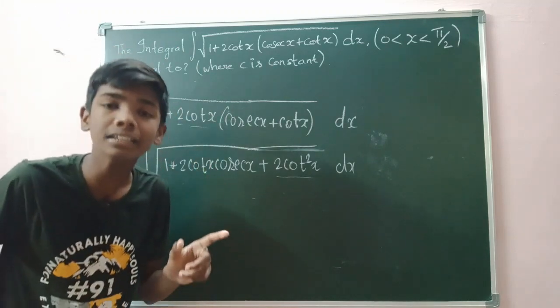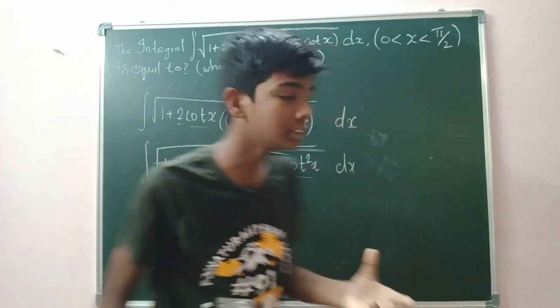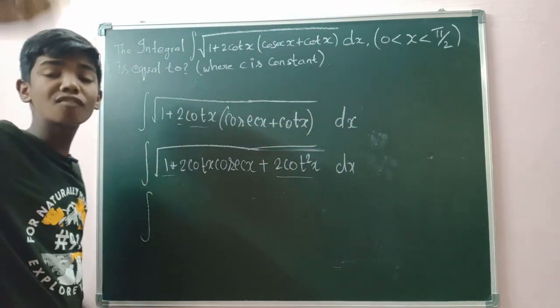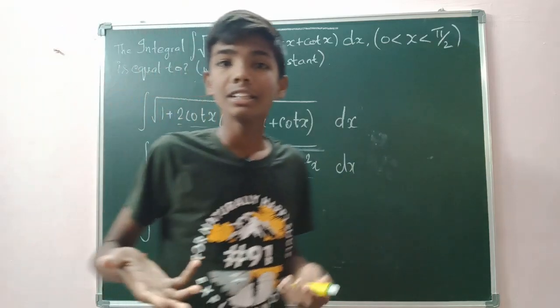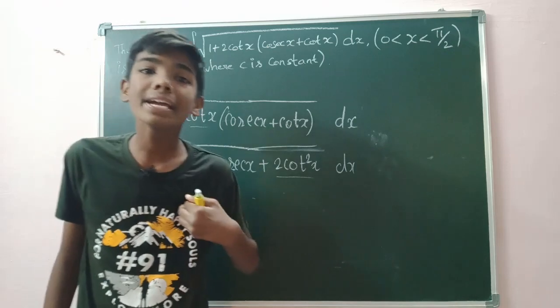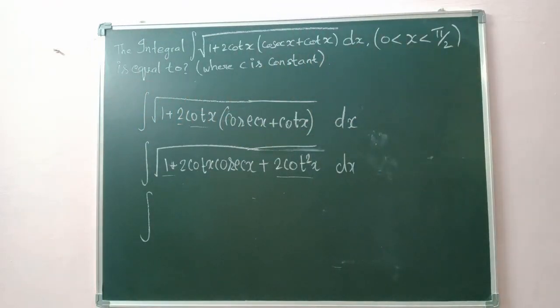What is the reason behind writing like that? It's because I am having 1 here, and 1 plus cot square x, using that form, we can write as cosecant square x. That is our main motto, and people never ever forget this.